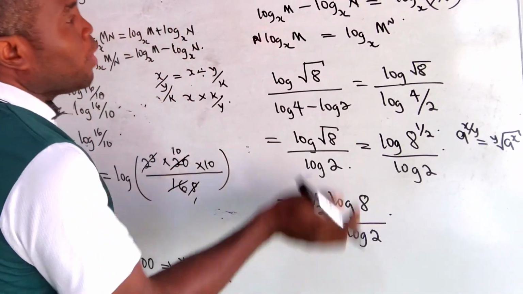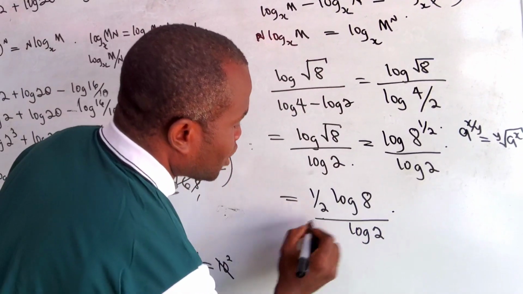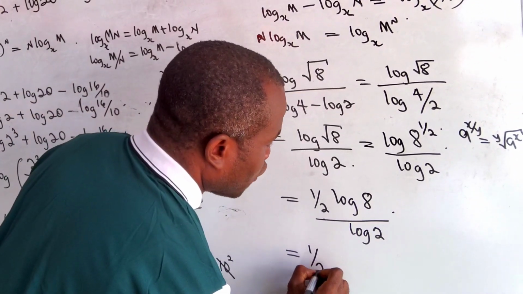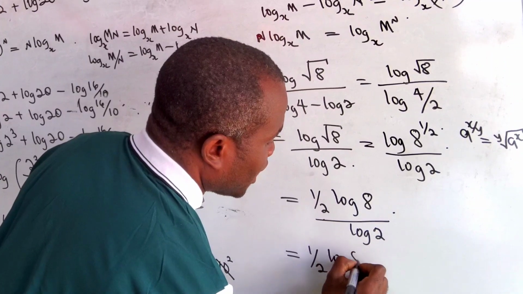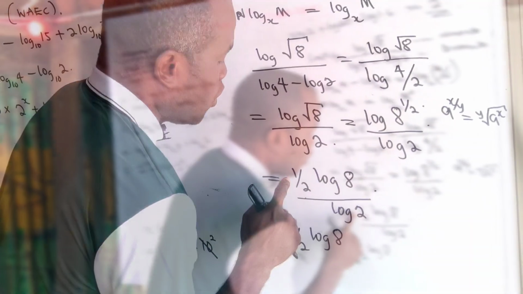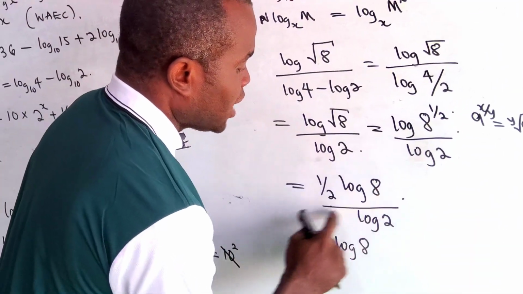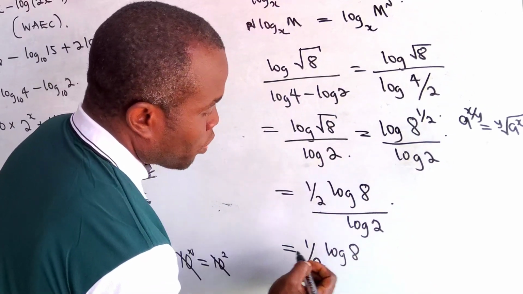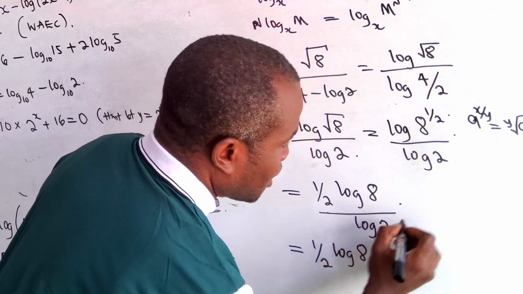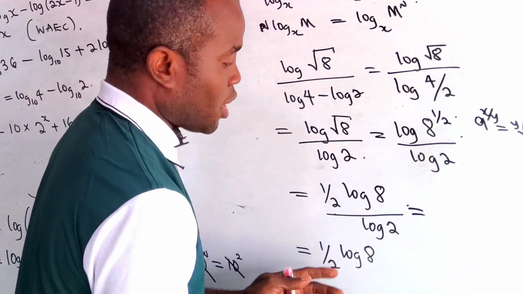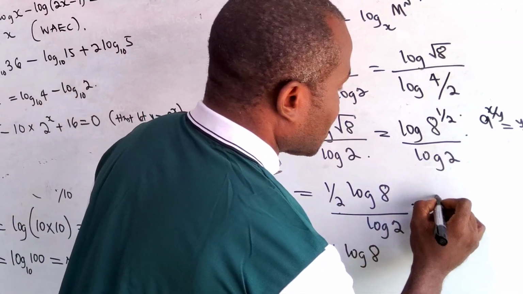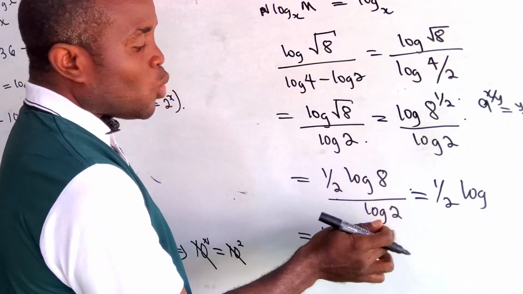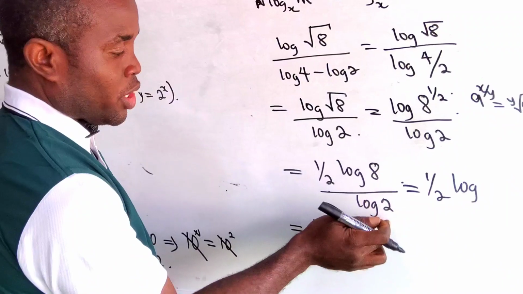So now going back to this very law, we have 1 over 2 log 8 all over log 2. Now, we want to re-express this, to put 8 in the same log as this, in log 2.